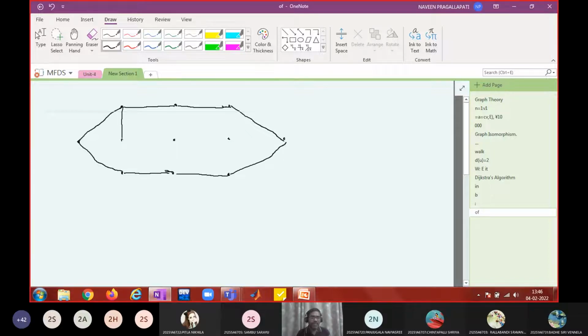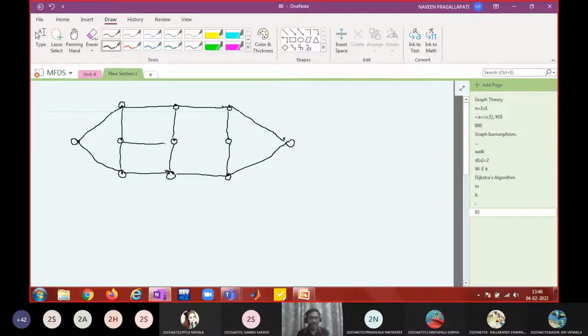Okay, next this one. Shall we draw it with circles? Is that good? These circles are the vertices, okay? And what are the other things?